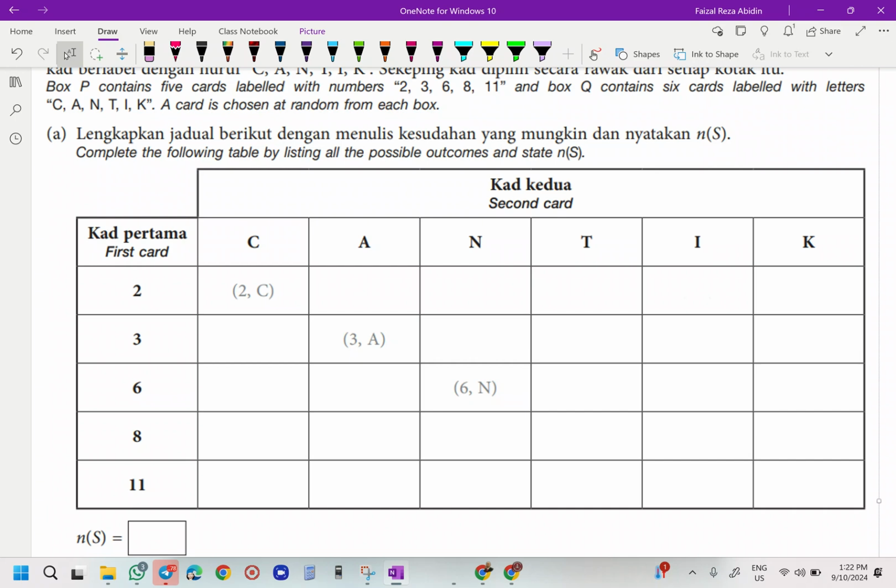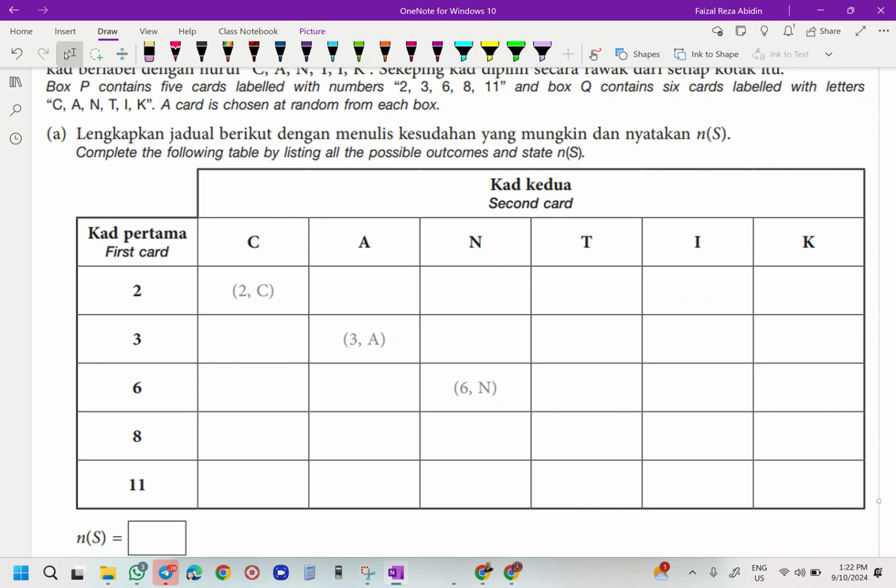Okay. So if you look over here, how many are in our sample space? How many cards are labeled with numbers? You have 5. For our box Q, you are going to get 6. So, 6 times 5, you're going to get 30.